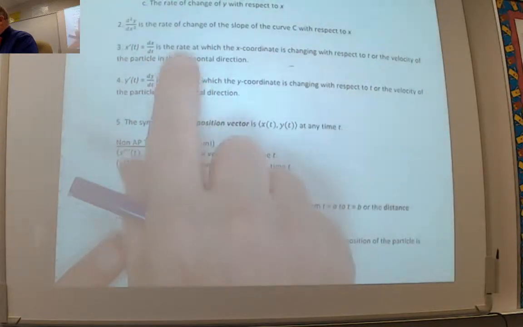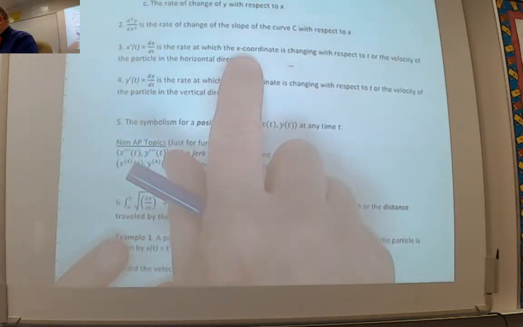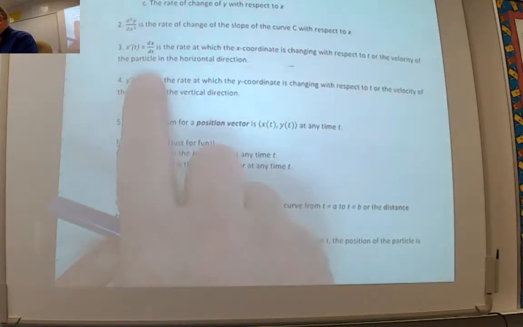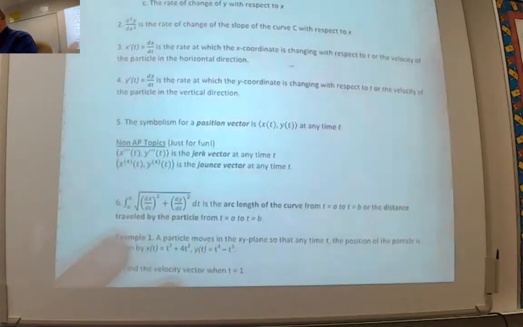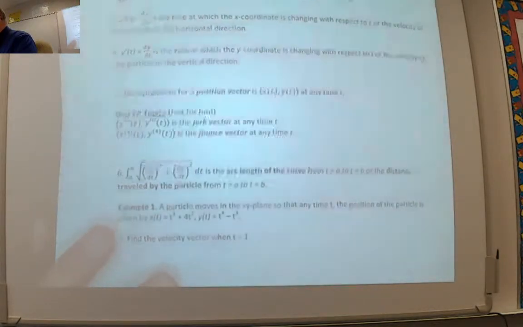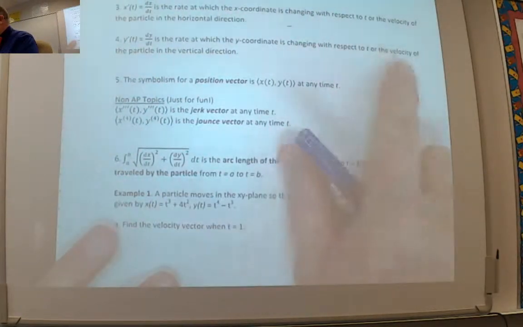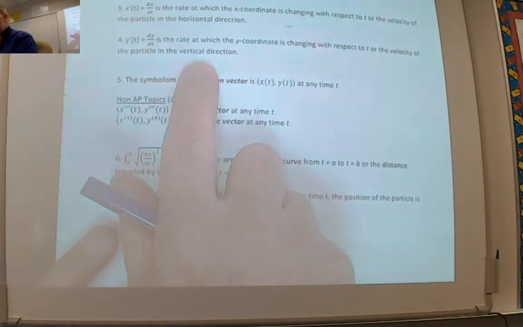dx/dt is the rate at which the x-coordinate is changing, or it is the velocity of the particle in the horizontal direction. y prime of t is the rate at which the y-coordinate is changing, or the velocity of the particle in the vertical direction.